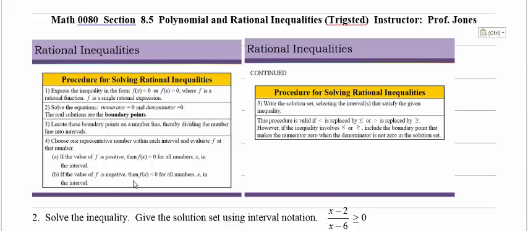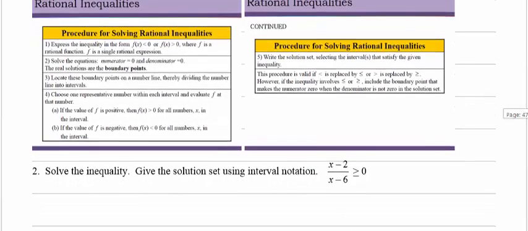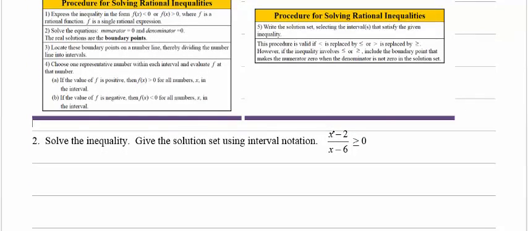If the value of the function is negative at the test number, then the function is negative, or less than 0, for all numbers x in that interval. We're then going to be able to write the solution set, selecting the interval or intervals that satisfy the given inequality. So let's look at this procedure for x minus 2 over x minus 6 greater than or equal to 0.